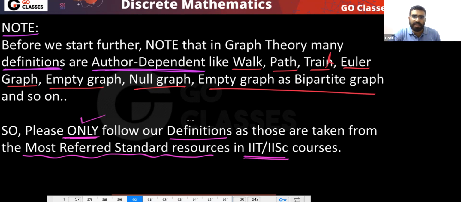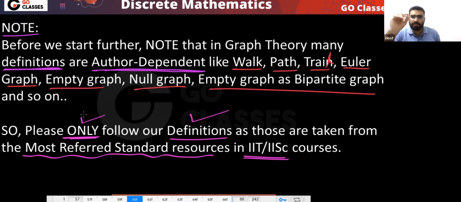You don't have to worry about the GATE exam, because the IIT and IISc professors who create your questions in the GATE exam know everything, so there will be no ambiguity. If you solve all the GATE exam questions, there will never be any ambiguity. So do not worry about these author dependent concepts. Use the definitions which we are going to use in our lectures.